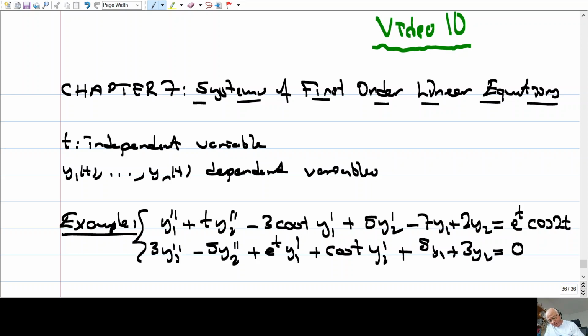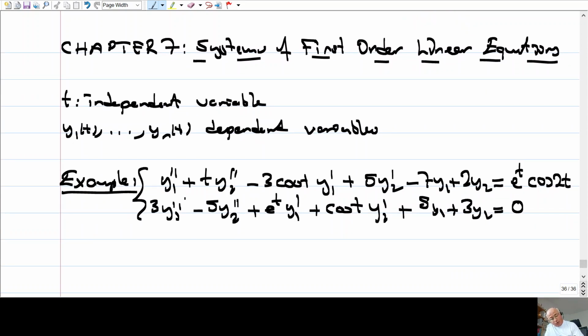So this is a system of two equations. What is the order of this system? The highest order derivative terms are double primes, right? Second derivatives. So this is a second order linear system.